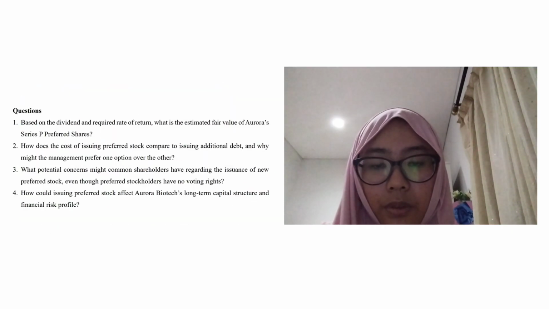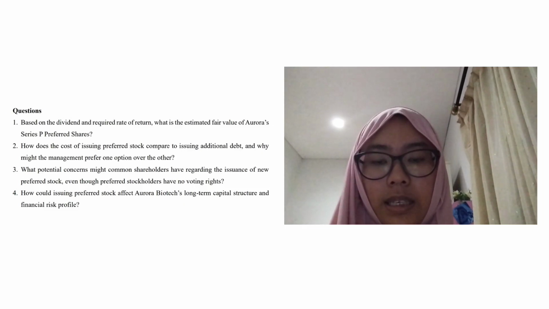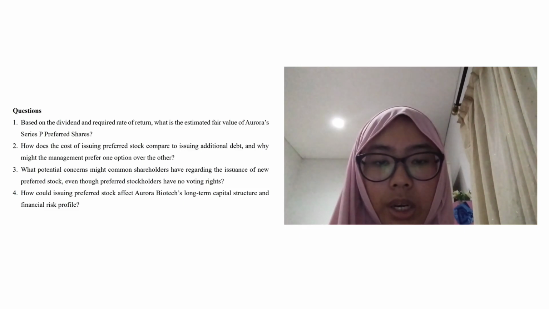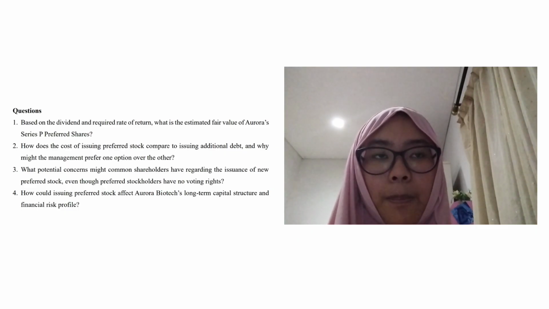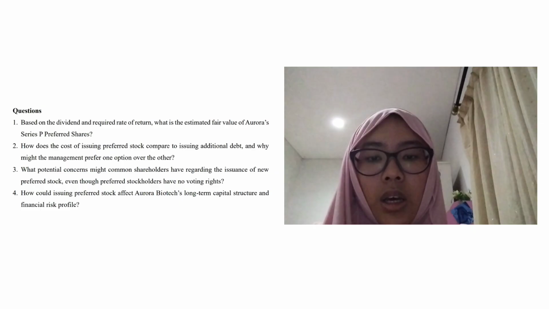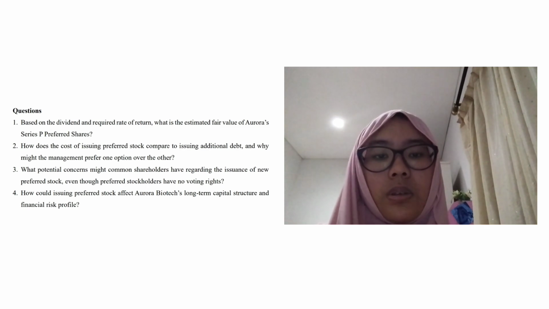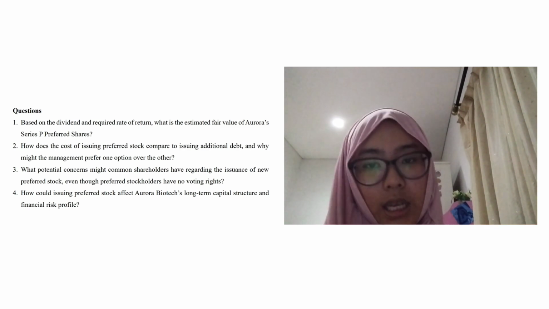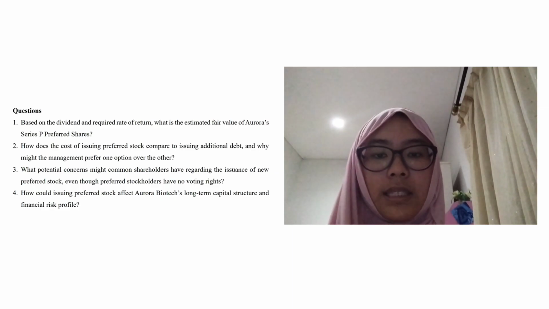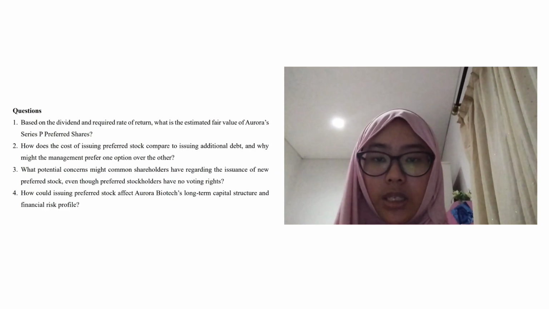The first question for this case is, based on the dividend and required rate of return, what is the estimated fair value of the Series P preferred shares? To determine the fair value, we use the dividend discount model of perpetuity, where the annual dividend is $6 and the required rate of return is 7.5%.